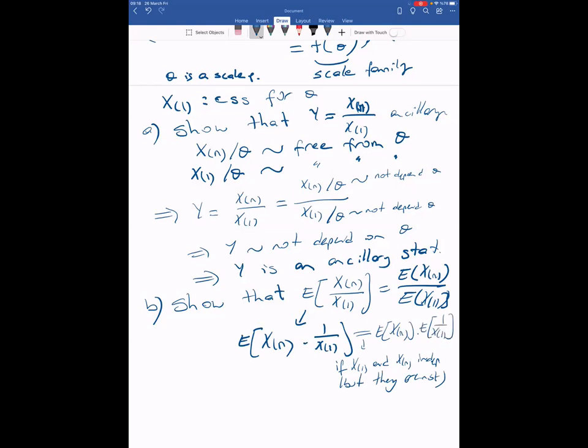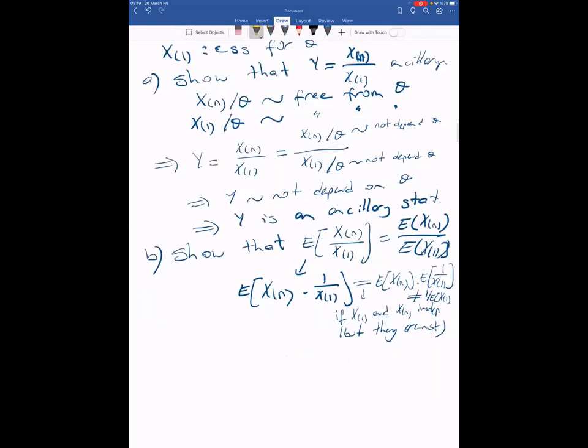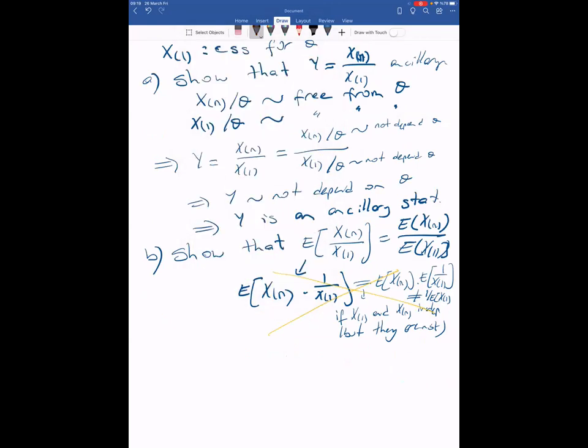This does not equal 1 over expected x1. So these are all wrong. So this part cannot be done.